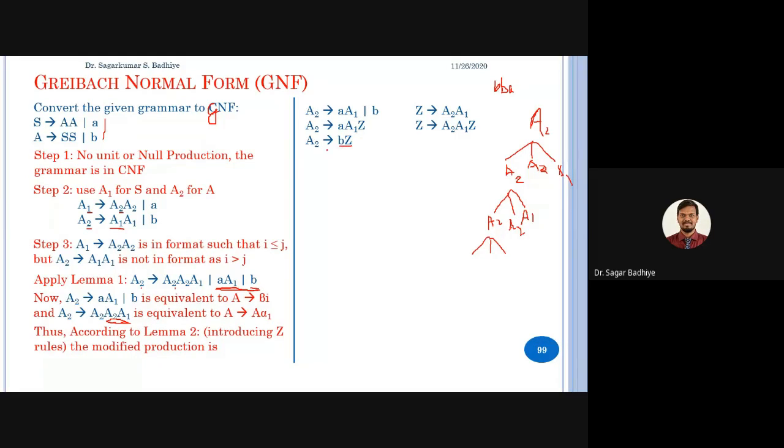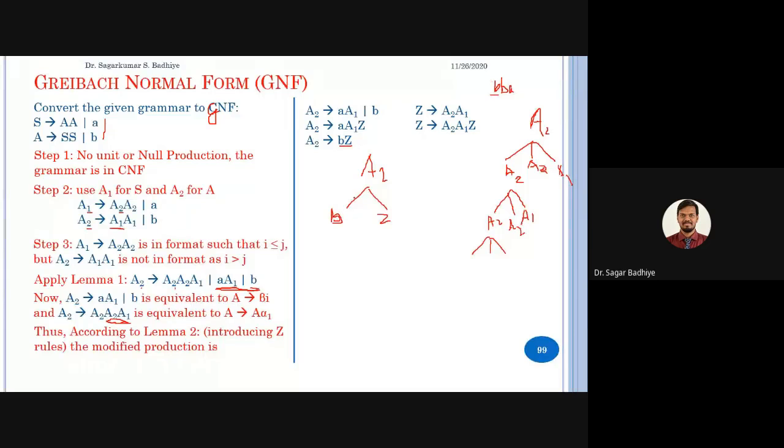So lastly, I would be using this rule, A2 derives to BZ. So now what I will do, I will derive A2 and I will use the rule A2 that derives to BZ, right? Then this is B and Z. Now this B will be matching with the first symbol of my input.